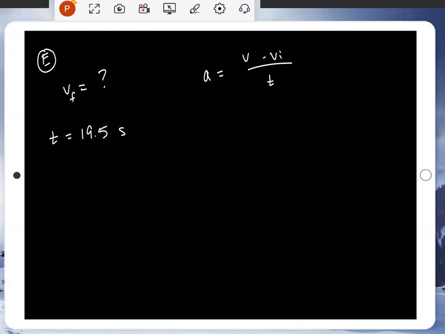Is the initial velocity 0? Yes, it's important to know why. You don't have to say it out loud if you want, but hopefully you know.